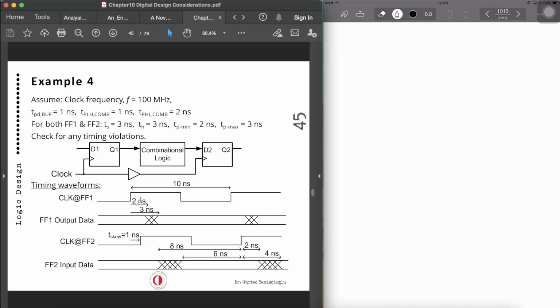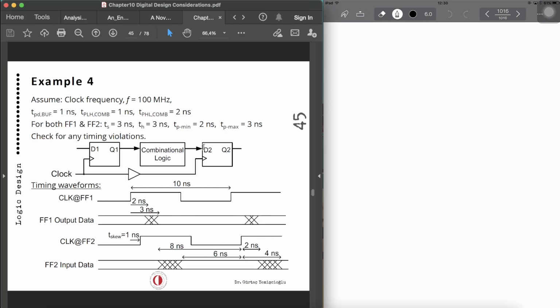So we have the minimum and maximum propagation delays, and then we have the combinational delay, minimum and maximum. After that point we reach the input for the combinational logic at this point, and then it's going to be processed.